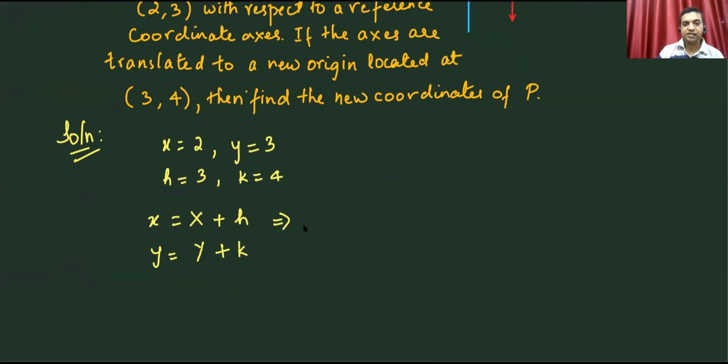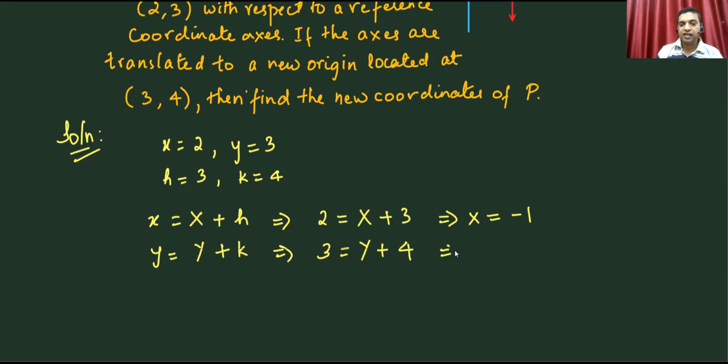So this implies small x, which is 2, is equal to capital X plus 3, and small y, which is 3, is equal to capital Y plus k, k is 4. So this gives us capital X is 2 minus 3, that is minus 1, and capital Y is 3 minus 4, which is minus 1.